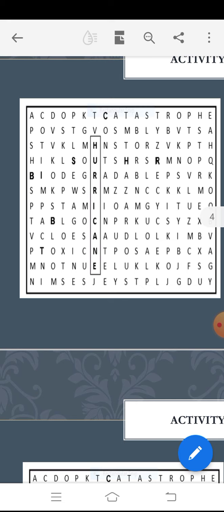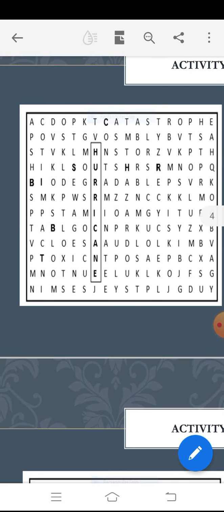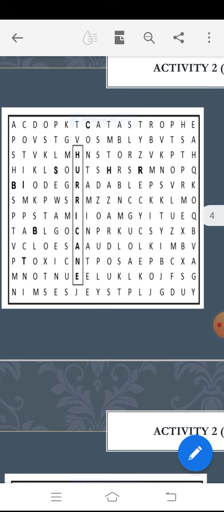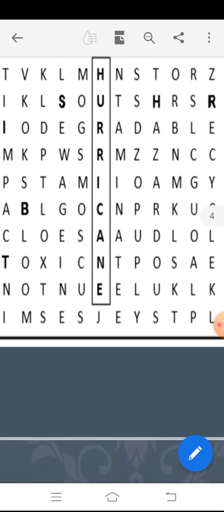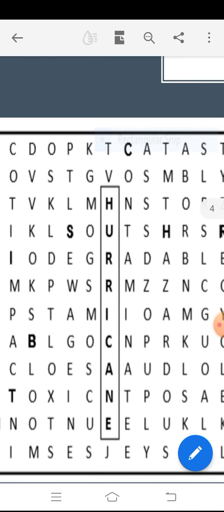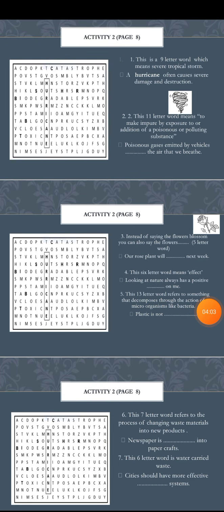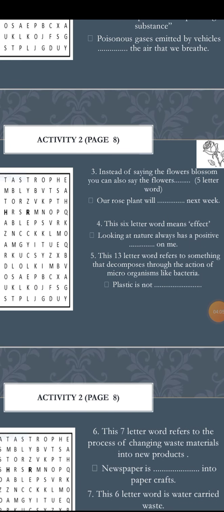Can you find it? Yes, it is impact. So looking at nature always has a positive impact on me. Now we'll move on to the next one.